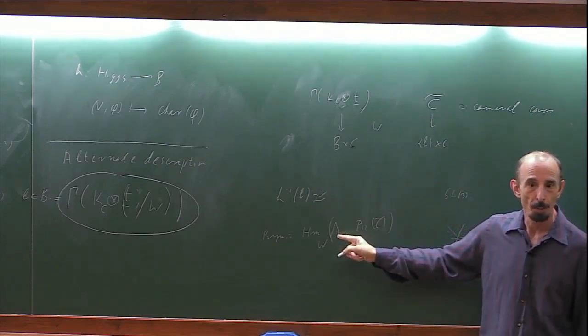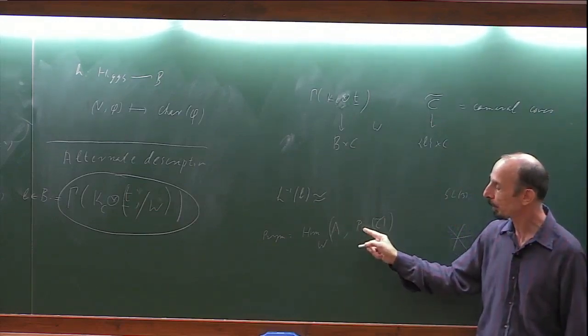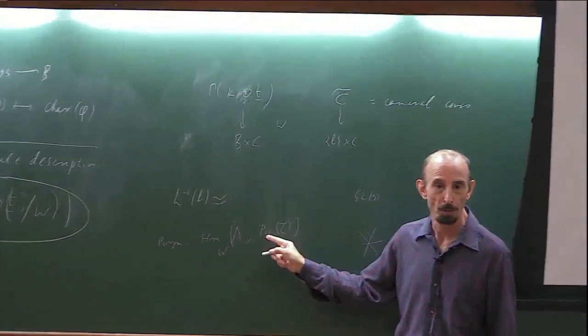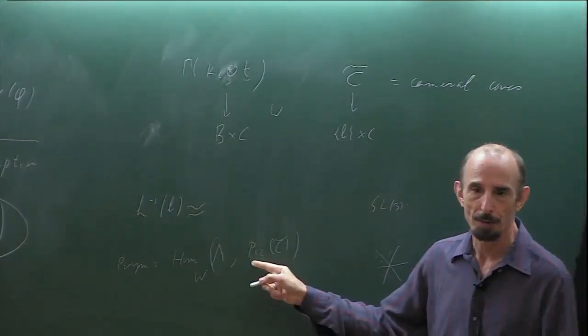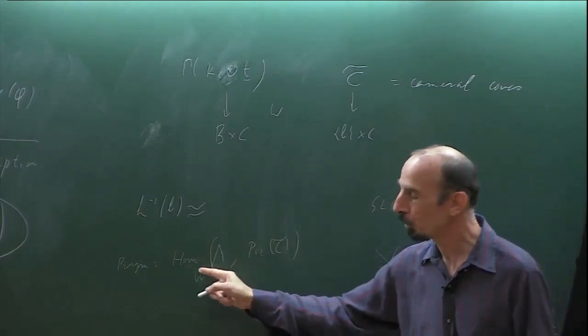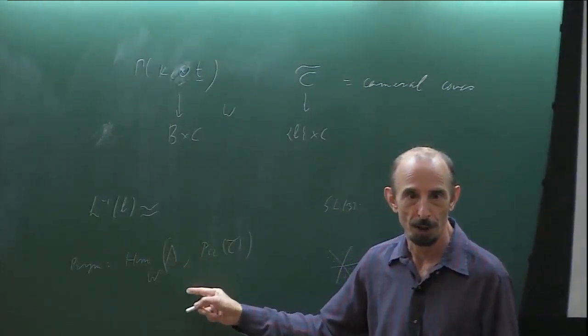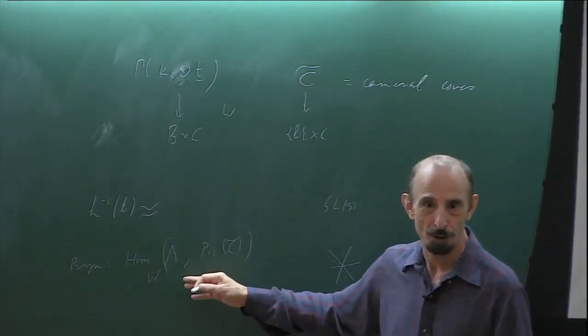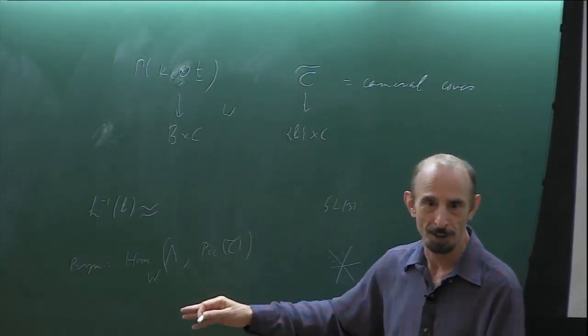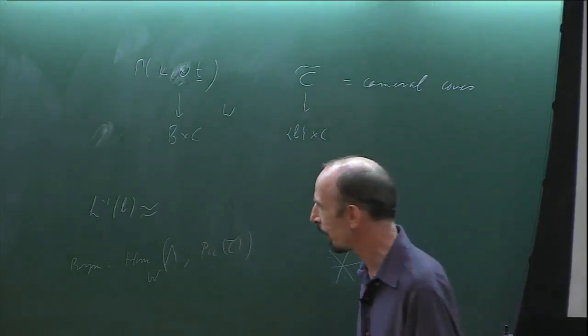Lambda itself is just a bunch of copies of the integers. Homomorphisms from lambda to the Picard gives you a bunch of copies of the Picard. So that's a little discrete part plus a big abelian variety. And this is going to give you some abelian subvariety of the product. And that's going to be the generalized Prym. In the case of GL_n, it is just the Jacobian. In other cases, it's the right thing.